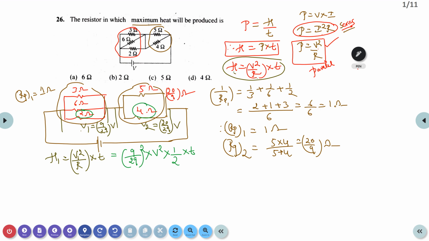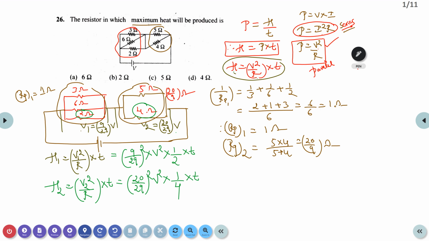If R is low, H is more. So H2 equals V2 square divided by R into T. What is V2? It is 20 divided by 29 whole square into V square, into 1 divided by 4, into T. Students, you compare yourself here.